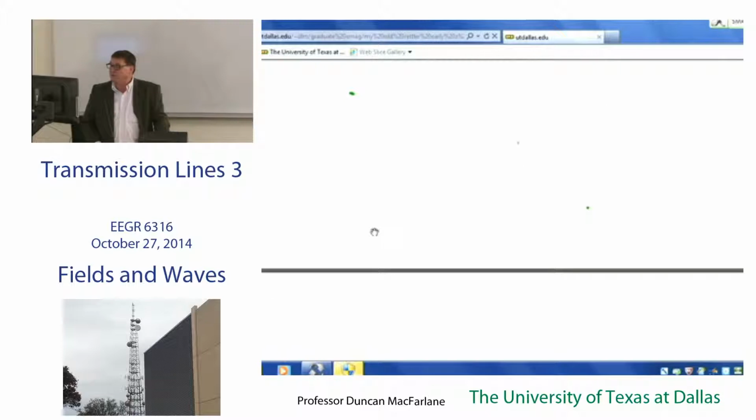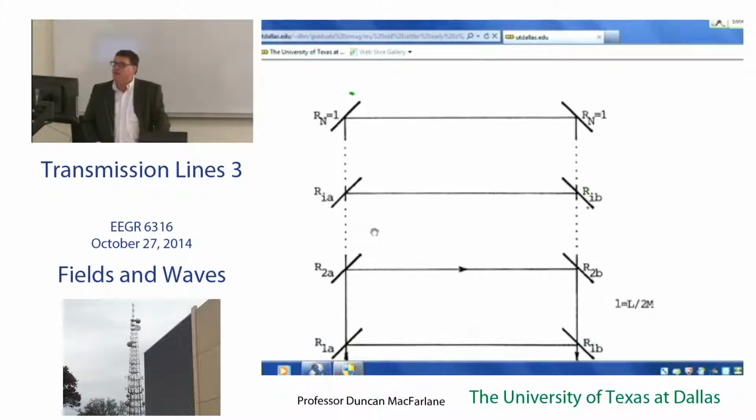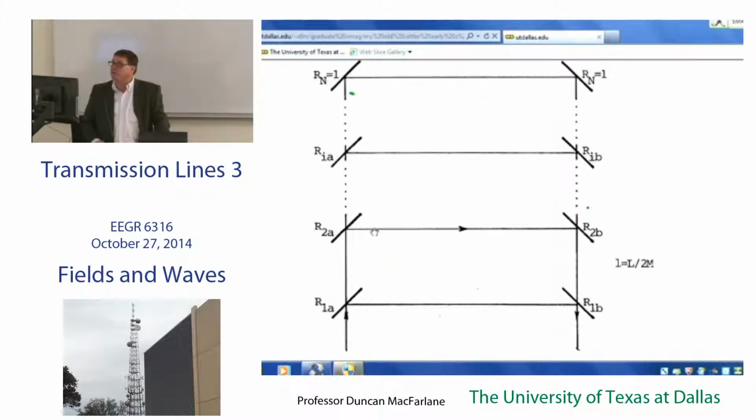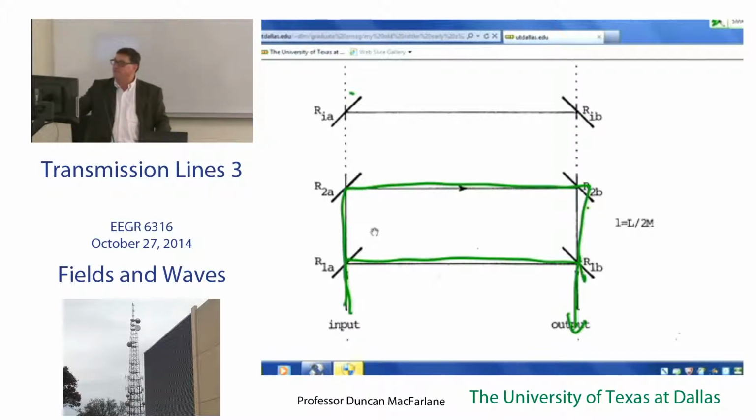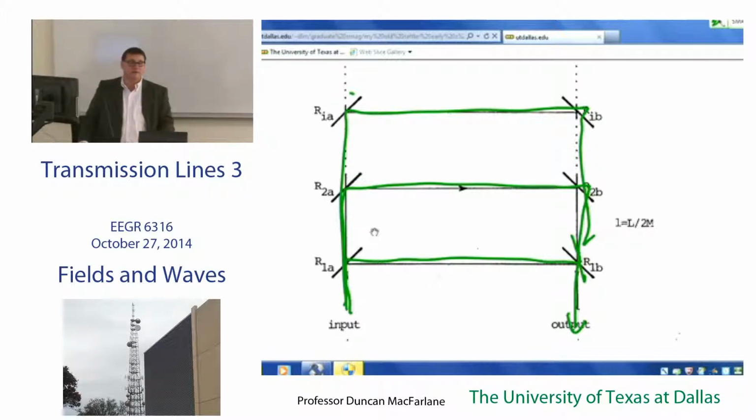So once you start thinking about solving this problem, here's one that might actually ring a bell with you, right? You can have a delay line, an input, and your first delay line comes here. Your second output follows this path. Your third output follows this path.